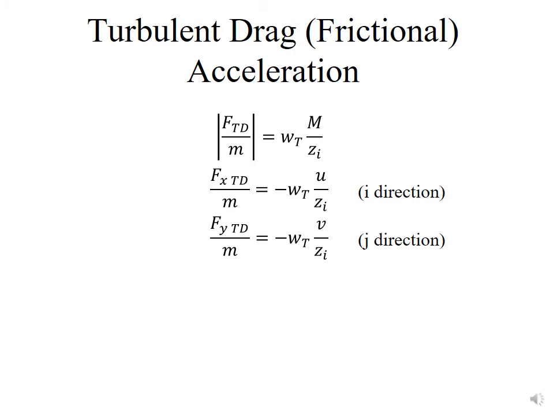Turbulent drag, or frictional acceleration, is controlled by a turbulent transport velocity, Wt, which is a parameterization for the turbulence.